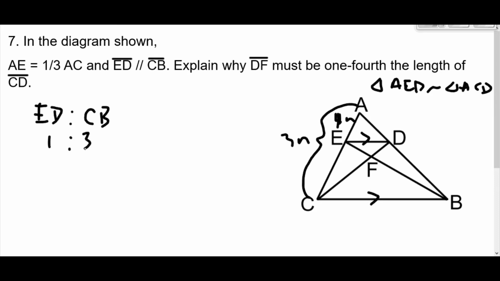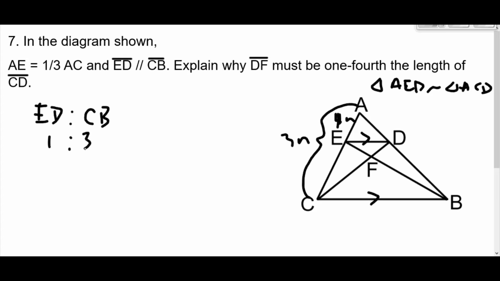But then we want to know why is DF 1/4 of this here. So we want to take a look here, and we see that the triangles FDE and FCB are going to be similar to each other. And so say, well, how come?